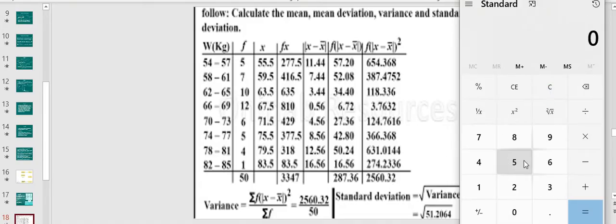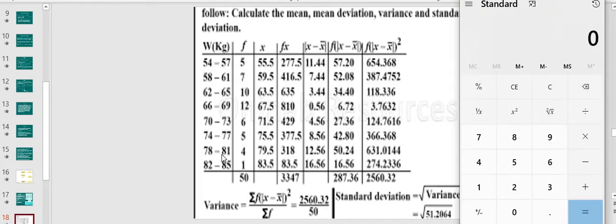Then 70 plus 73, divided by 2, equal to 71.5. And 74 plus 77, divided by 2, is equal to 75.5.